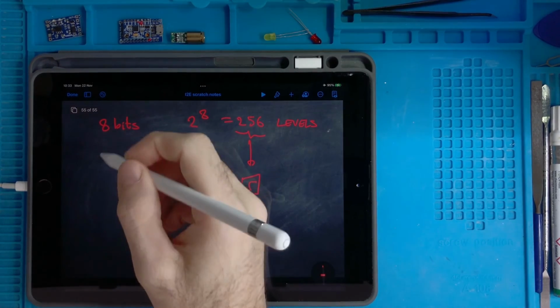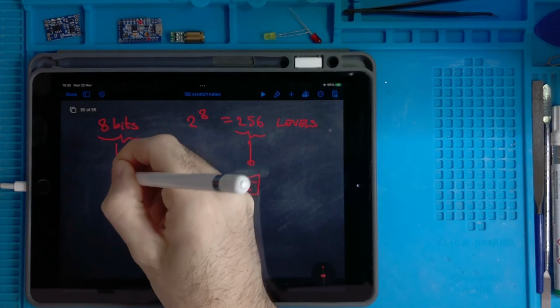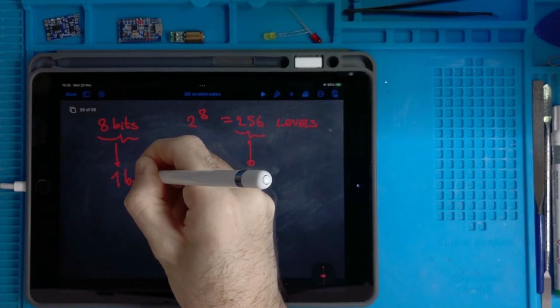And still these 8 bits would be called 1 byte.